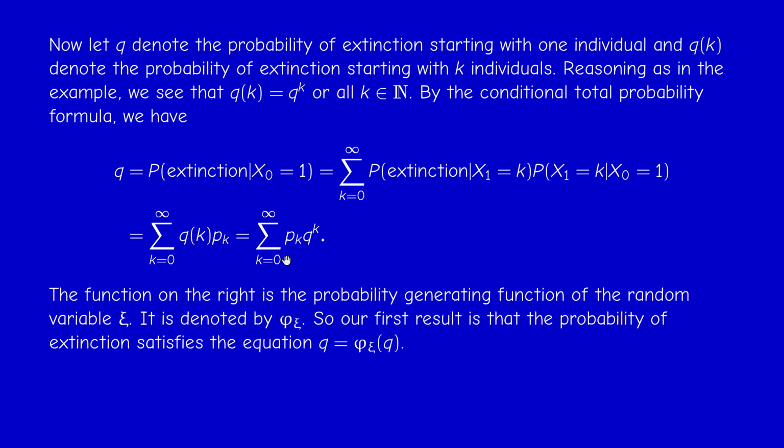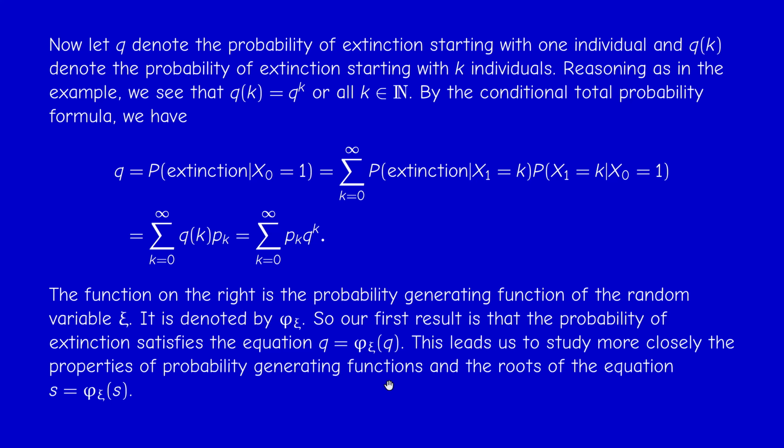So here's the definition. I have to solve this equation, Q equal phi xi of Q. Now in the riddle, this was just a polynomial. So our main problem now is to get as much information as possible about this equation.